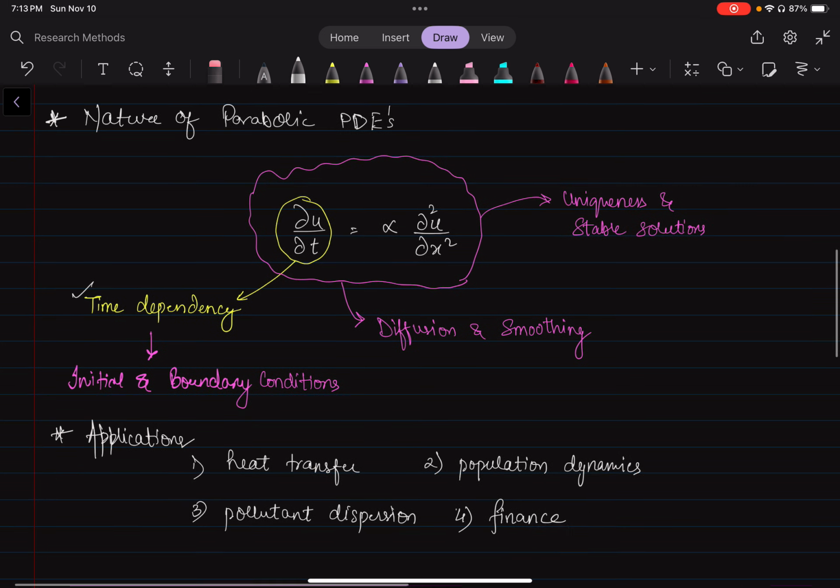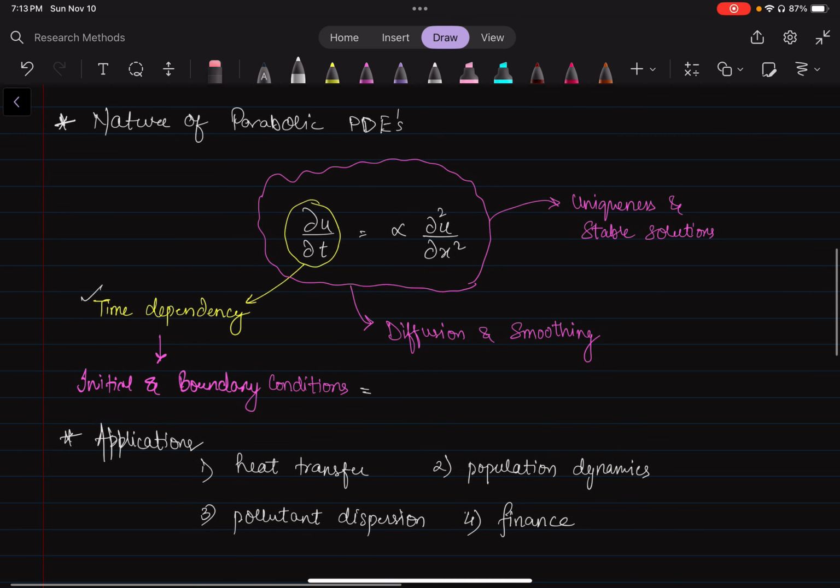Initial conditions are basically, if the simulation starts from time t equal to 0, what was the state of the dependent variable at time t equal to 0. These initial conditions are needed to solve these PDEs, and boundary conditions are needed because of the spatial term which is there in the PDE.